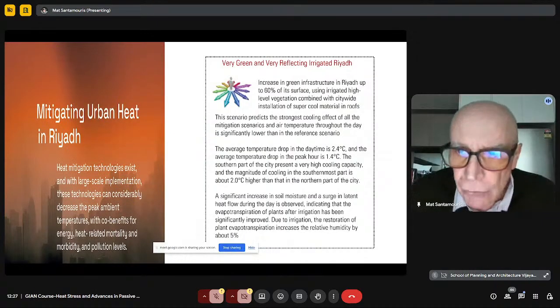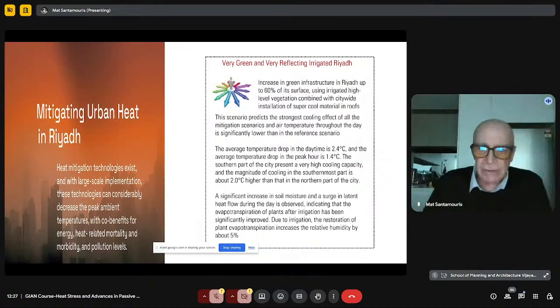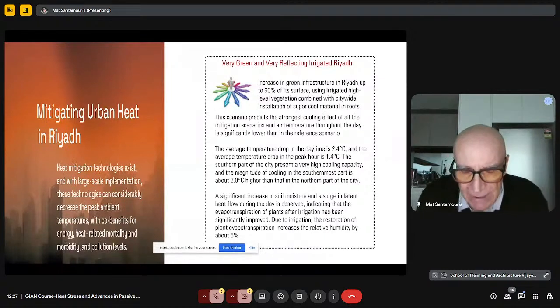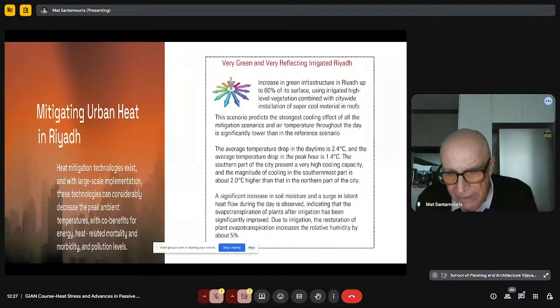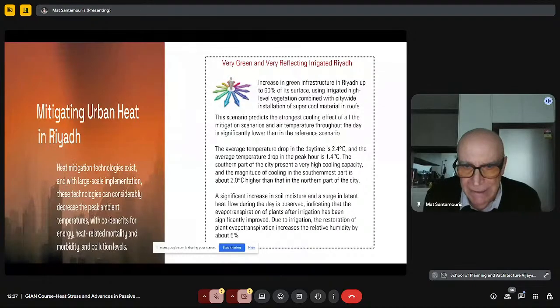It is very important to combine these mitigation technologies, especially in areas where we have to increase as much as possible the latent heat, and in areas where we have to decrease the sensible heat because of the very high surface temperature.